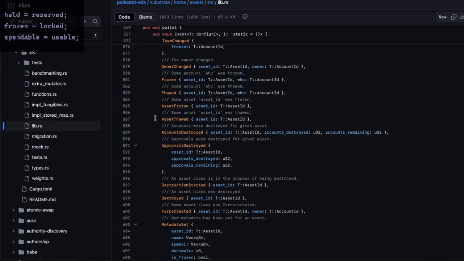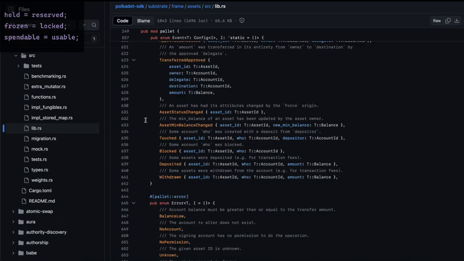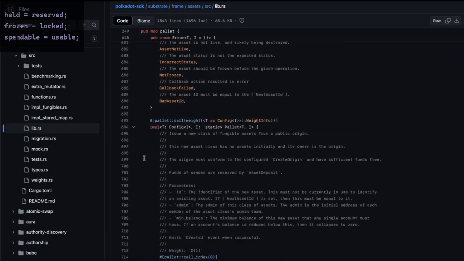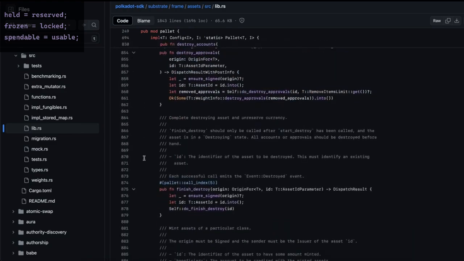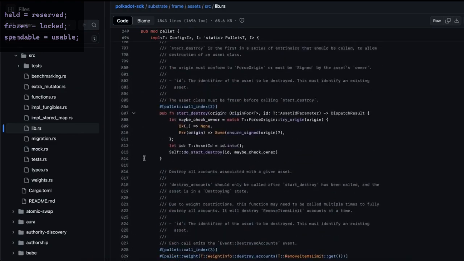There's some logic on the asset being frozen and unfrozen, and also the same for the accounts themselves, and additional asset management logic. So we can take a look at the extrinsics.